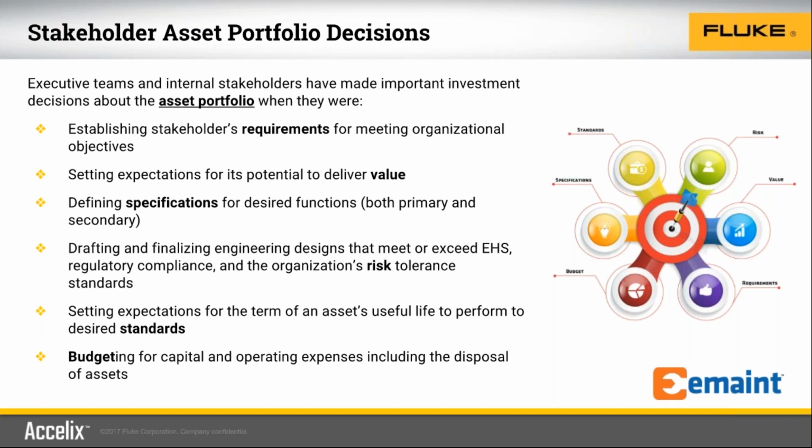They're looking at what kind of value can we get out of the assets when they're looking at vendors, and so they'll draft some engineering designs and look at the risk tolerance of the organization, and then set expectations about performance standards, and then budgeting, obviously. Hopefully this is being done, but budgeting for capital and operating expenses, including disposable assets. And in some industries, that's a huge thing. Think of the nuclear industry, for example.